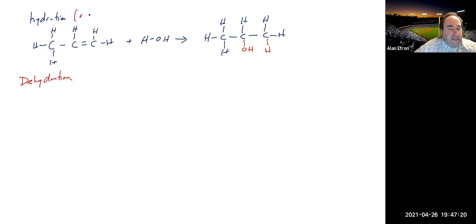A hydration reaction is an addition reaction, which basically means we add both of these things. A dehydration is sometimes referred to as an elimination reaction, which means we're going to remove these 2 things. So when we start with an alcohol, let's say we started with this alcohol here.